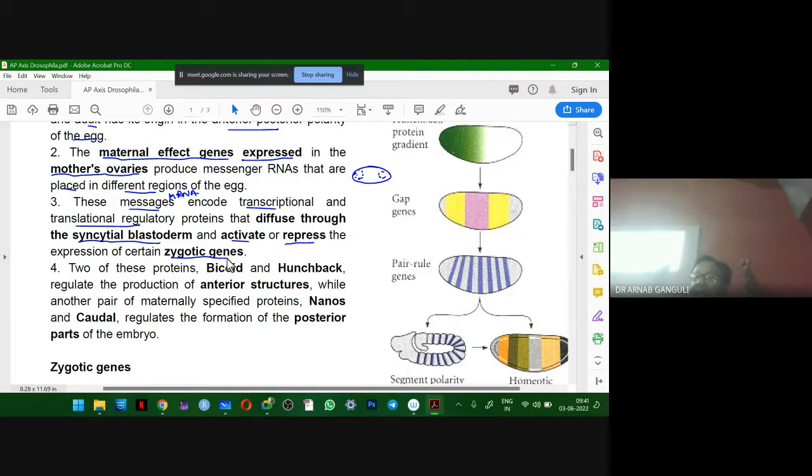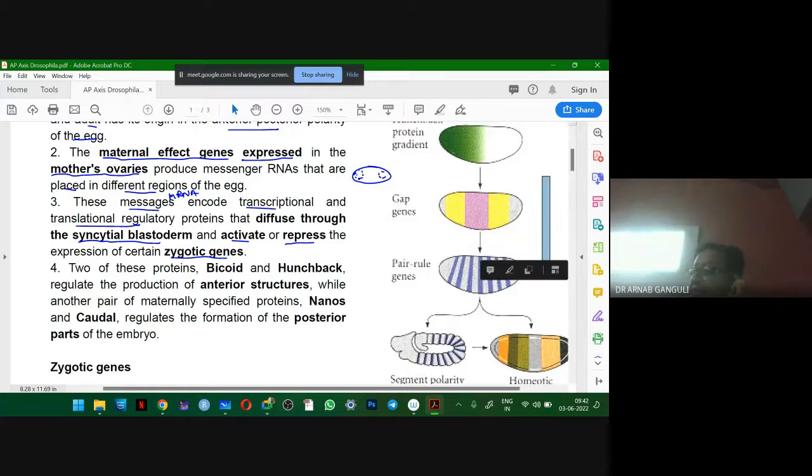So they enter into the egg, and after it enters into the egg, they are responsible for activation or for repression of certain genes which are present inside the egg, not in the mother's ovary. So the maternal effect genes are expressed in the mother's ovary.